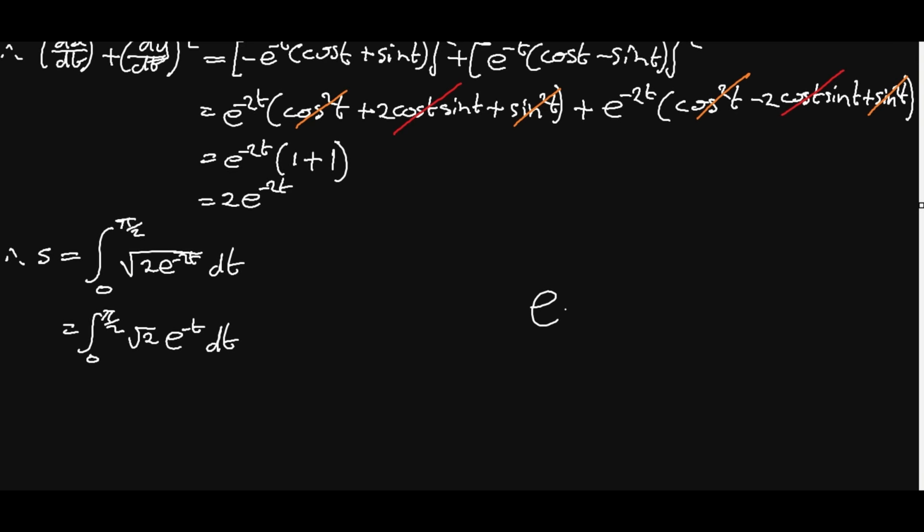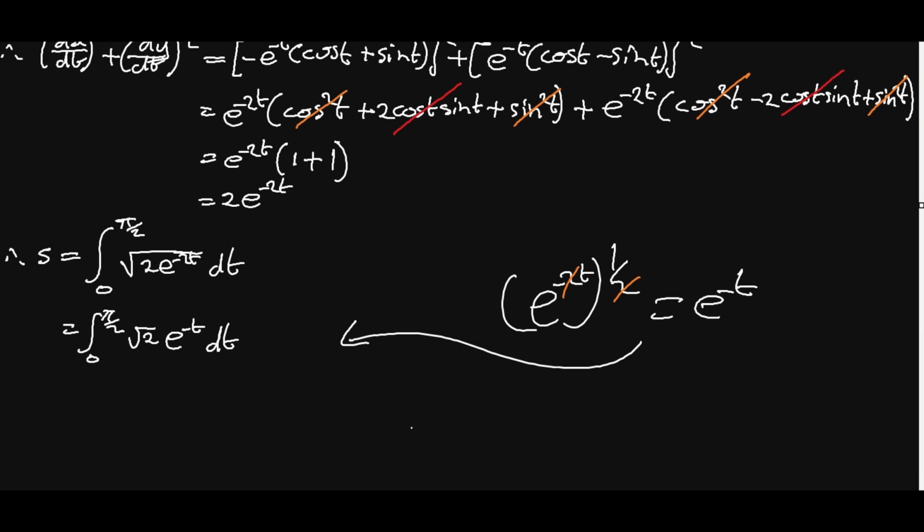So the square root, as we know, is the same as the power 1 over 2. Therefore this power 2 cancels out here, giving us e raised to minus t. So that's why we have this there, right?